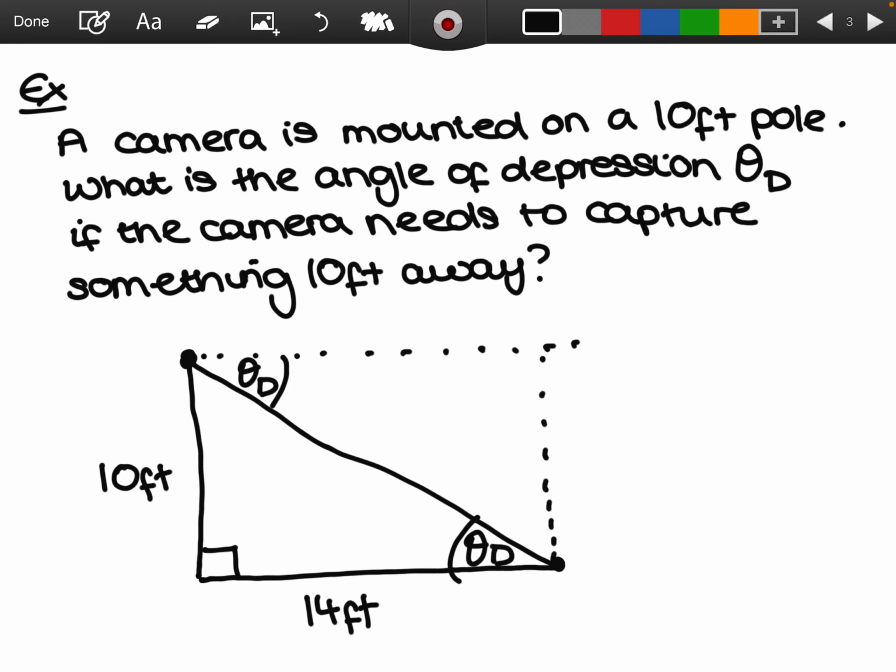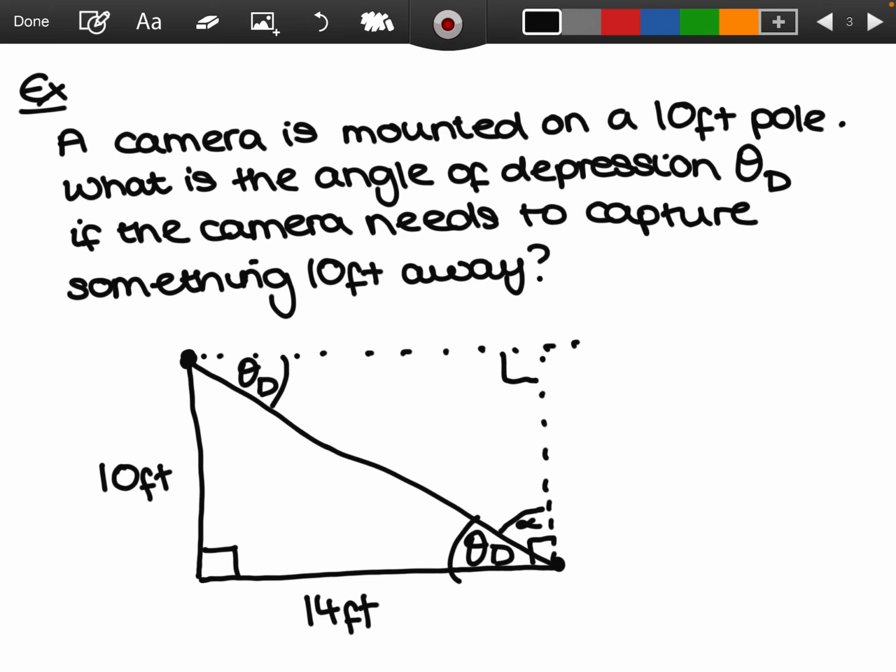Reason being, just if you're not familiar with a lot of this stuff with angles, if I go ahead and square this off, this is also a right angle. I know that this part here would also be a right angle. So these two angles would have to add to 90 degrees. I'll call this angle alpha.